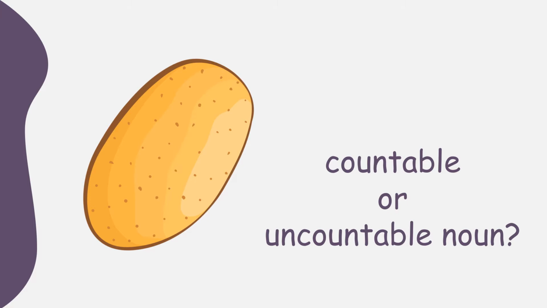Yeah, you're right. Because you can count 1 potato, 2 potatoes, 3 potatoes, 4. Because you can put a number before the noun, that means it is a countable noun. Let's move to the next picture.